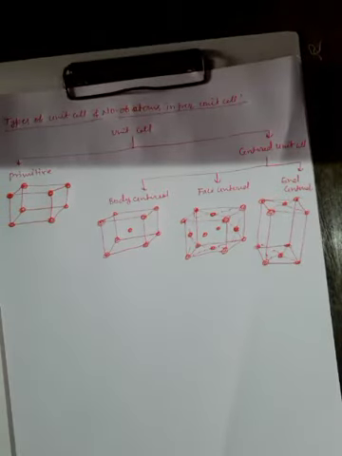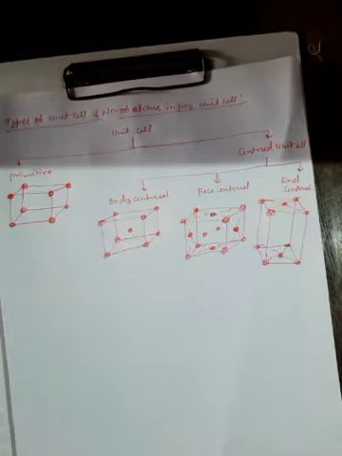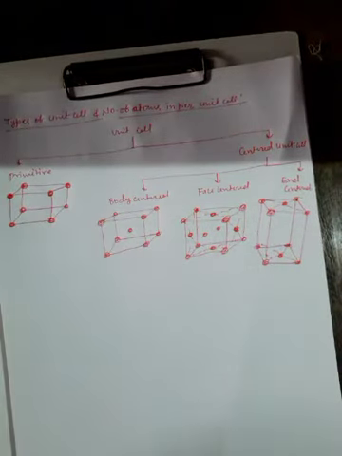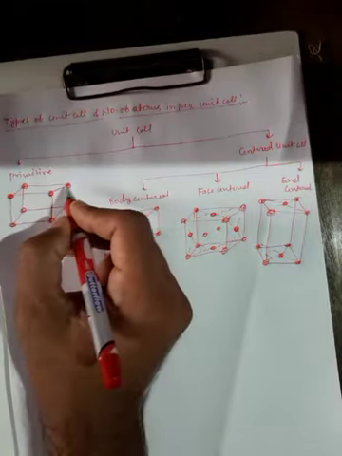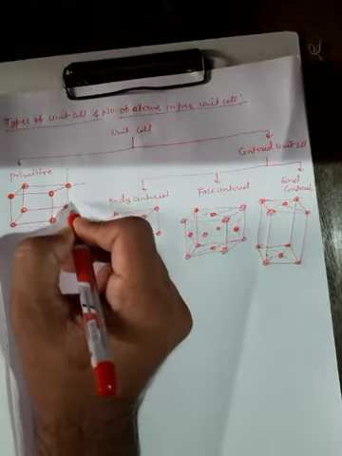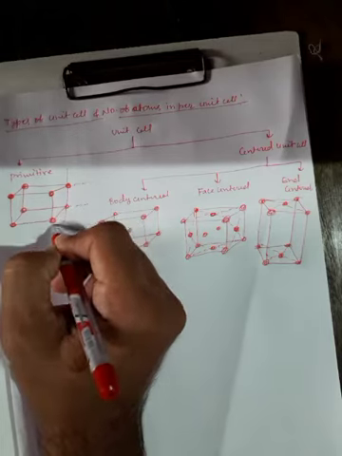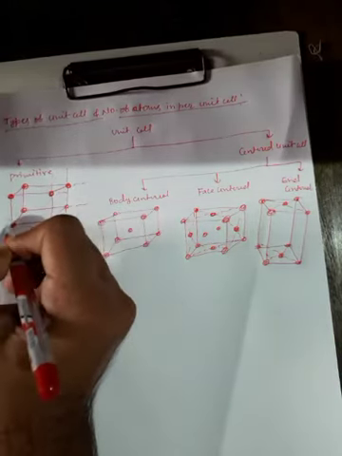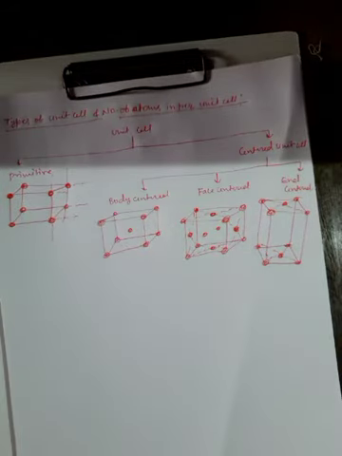Usually, a particular unit cell is a part of the crystal lattice. So the unit cell may be repeated in 3 dimensions, in this way and in this way. Similarly, these particles are also components of the other unit cells.